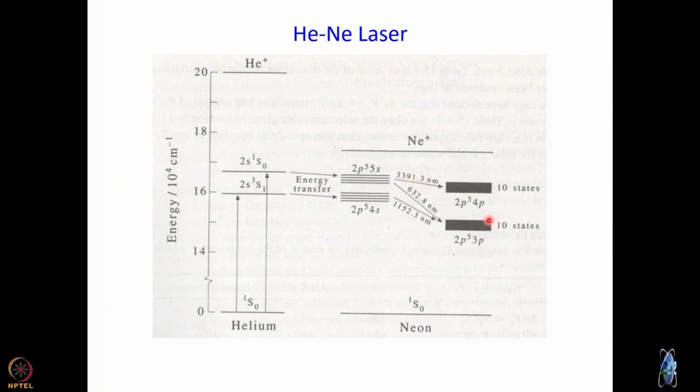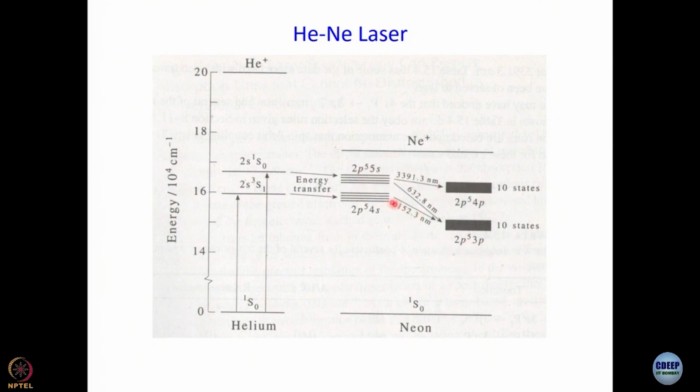So what will be the population of these 10 states usually? It will be 0, right, very high energy compared to the ground state. These states are all at very high energy level. So population is 0. That is why, if you have even one Ne plus ion in this state, population inversion is achieved between this and this, or this and this.